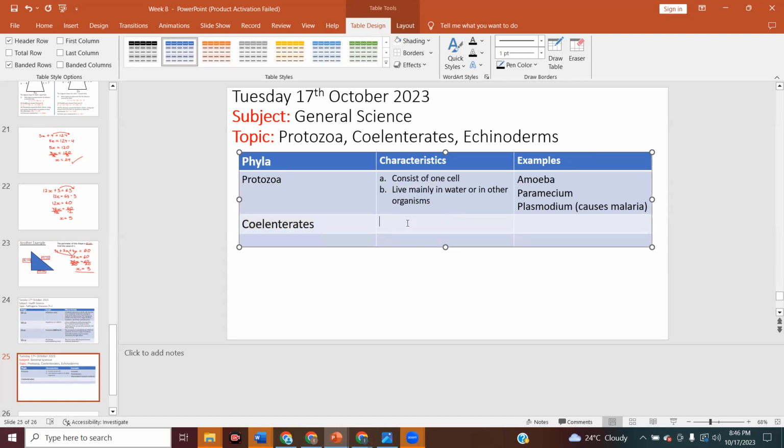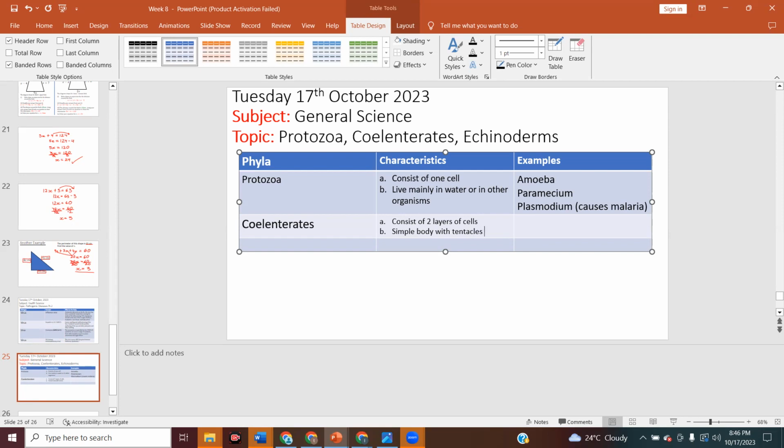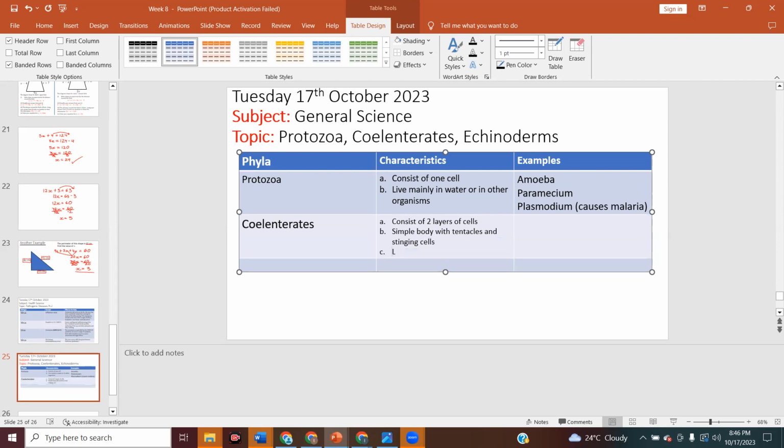So they consist of two layers of cells. They have a simple body with tentacles and stinging cells. Like I told you, they have stinging cells and they live in water.